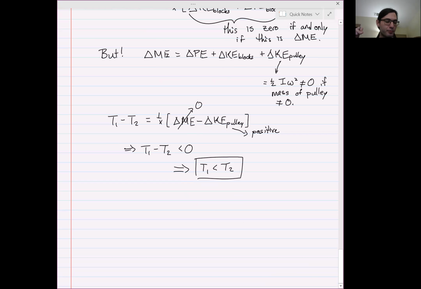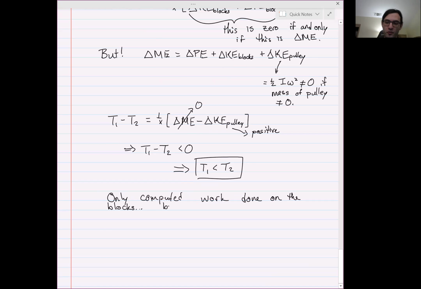Now, there is one thing to mention. In this example, we really only computed the work done on the blocks, right? And so we use the work done on the blocks to relate it to the kinetic energy of our system.